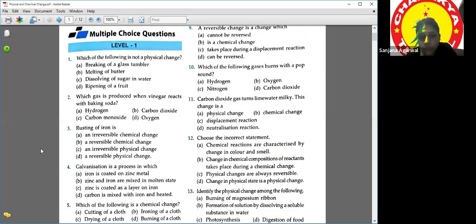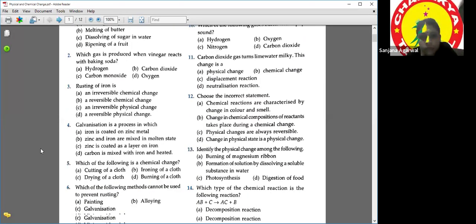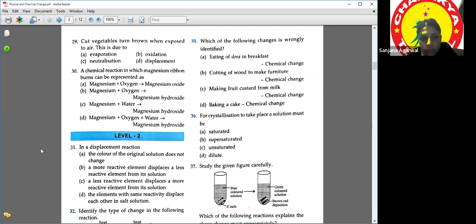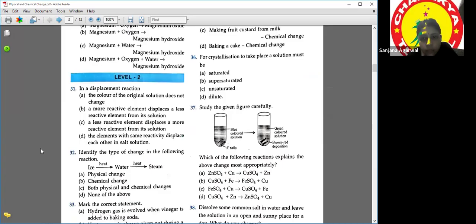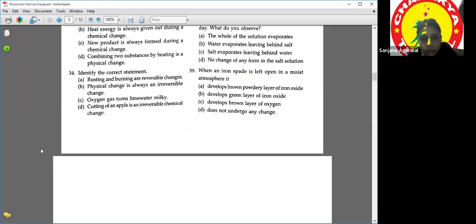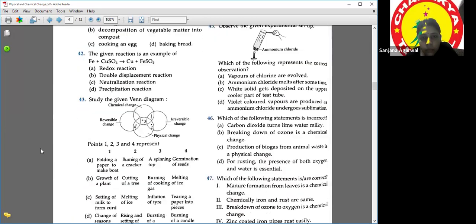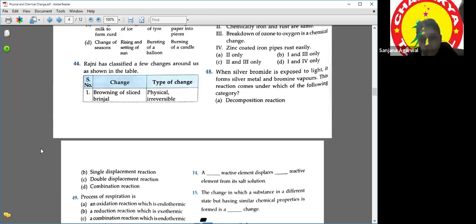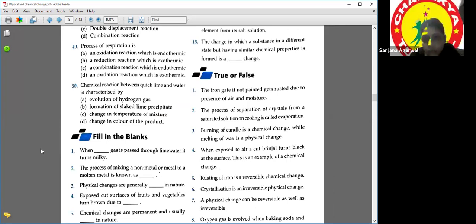Let's start doing the homework only. Read all the options for assertion and reason.